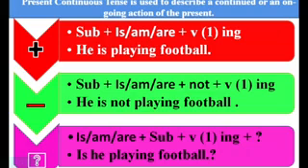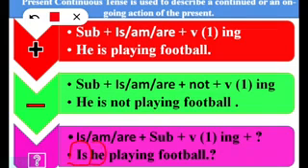See here, is he playing football? We have taken the helping verb to the first. Next is the subject he, and then verb plus ing, and then the remaining of the sentence. Is it clear for everyone? So this is the formation of present continuous tense.